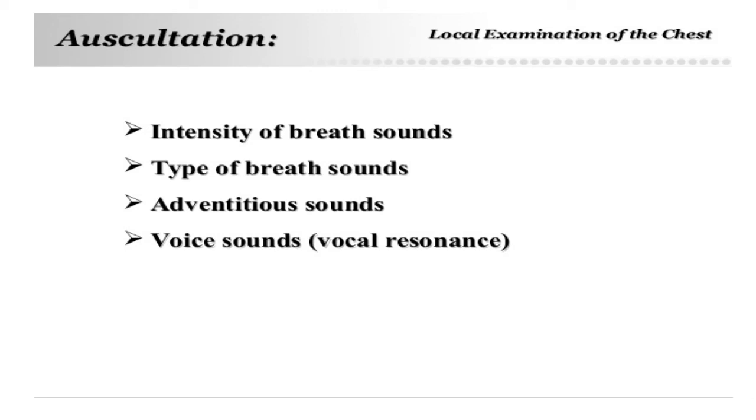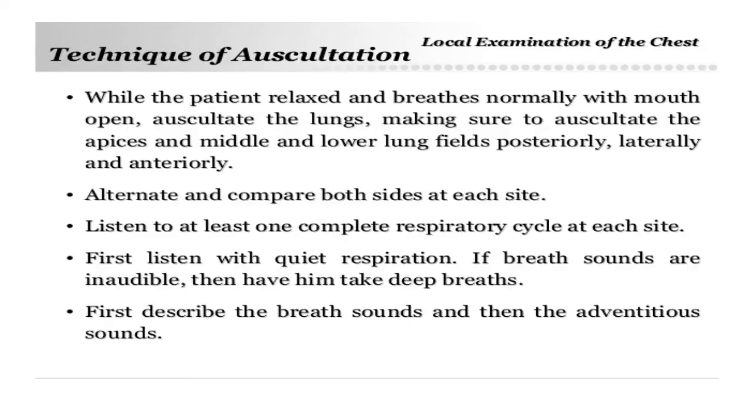Now we come to the last and most important step of examination, which is auscultation. In auscultation, you have to check the intensity of the breath sounds and the type of the breath sounds, and whether there are any adventitious sounds or voice sounds, which is vocal resonance.